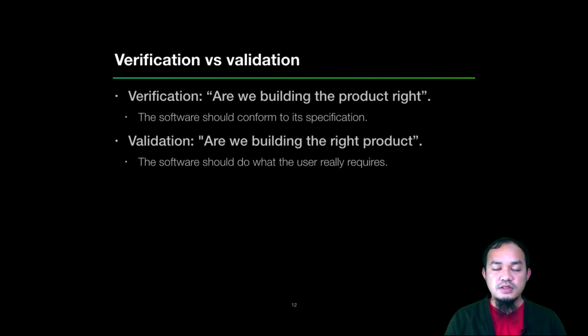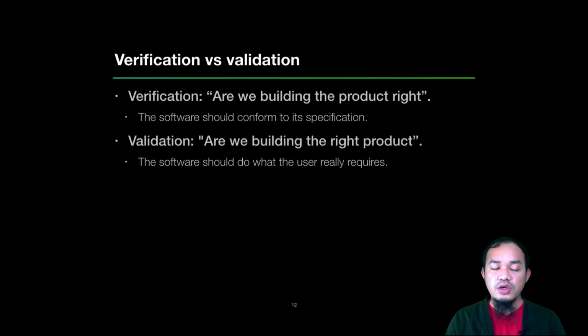Another meaning is that for verification, the software should conform to its specification. It means that the software should meet the requirement. For validation, the software should do what the user really requires. The software should meet the requirement of the user, exactly what the user needs.